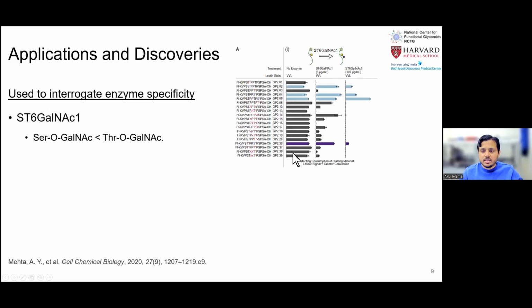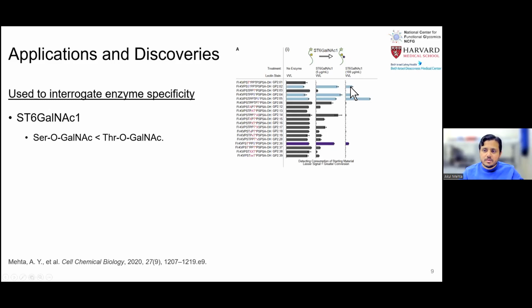So you can see that in the starting, when all these peptides had the GalNAc residue, you can see good binding. But as the reaction goes forward and you put on this sialic acid, the binding reduces for all these peptides. And finally, you can see that if you add more enzyme, there is very little binding, suggesting that all of the peptides are converted to the sialic acid derivative.